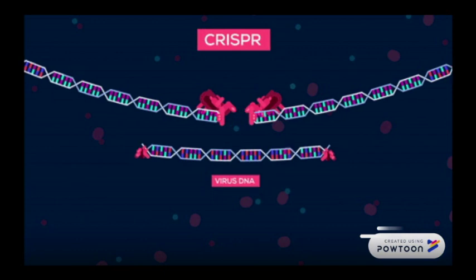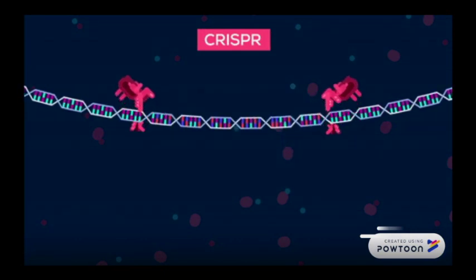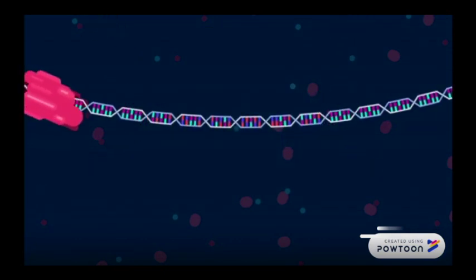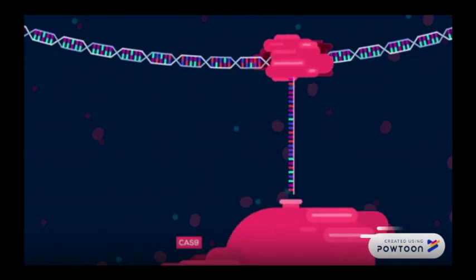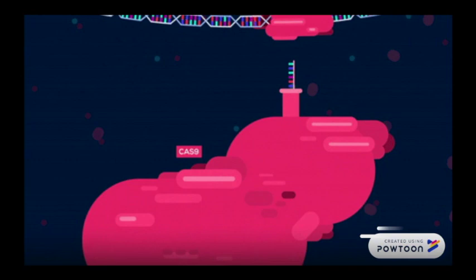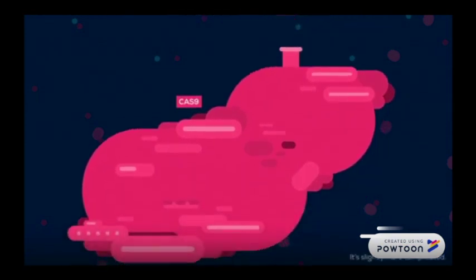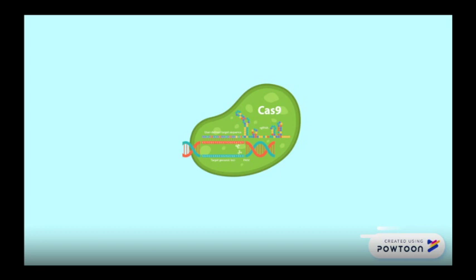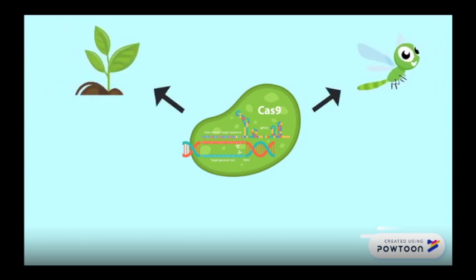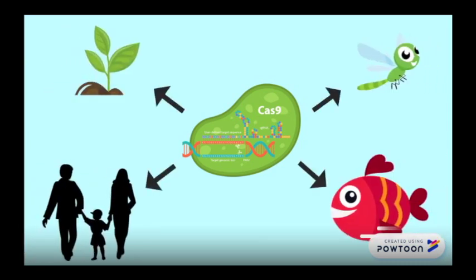Cas9 is unique in the sense that it attaches itself to a DNA strand, and due to two distinct domains in the structure, it is able to cut the DNA on each of its two strands. The Cas9 protein is the basis of CRISPR-Cas9 technology, which, in addition to bacteria, allowed for a range of modifications of genome and mutations in eukaryotic organisms, such as plants, insects, mammals, and fish.